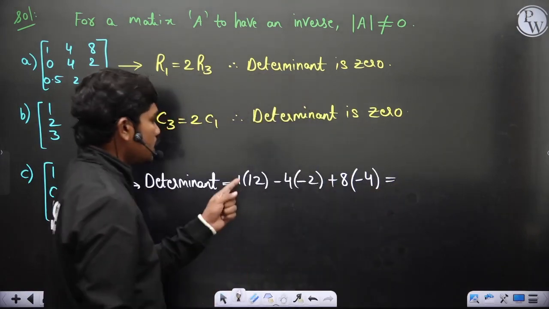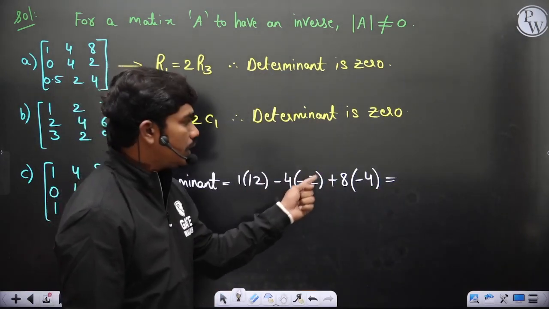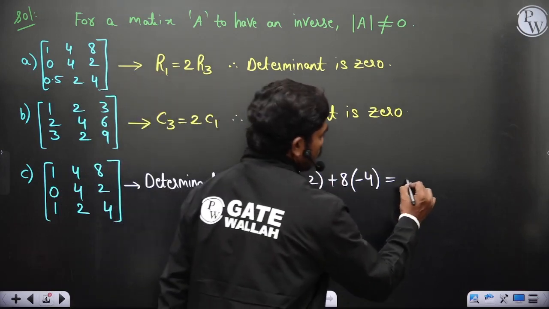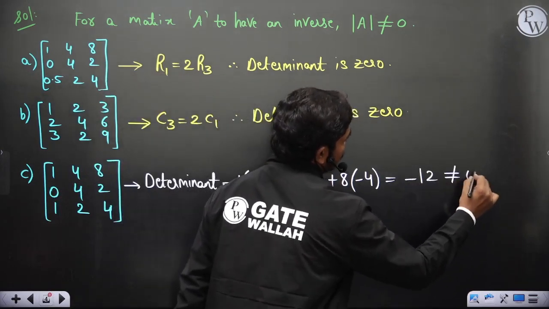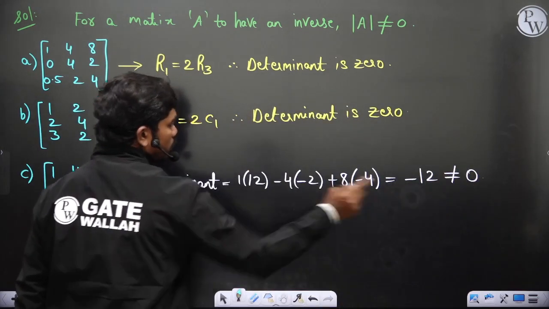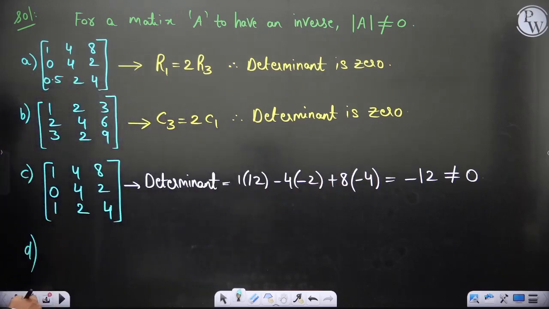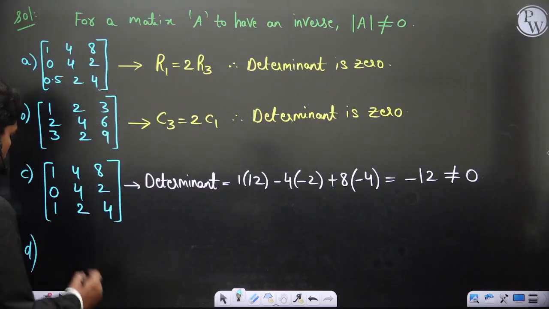So this value, 12 plus 8, 20, 20 minus 32 is minus 12, which is not equal to 0.